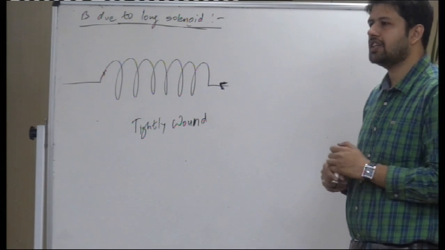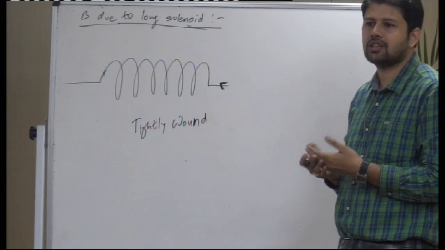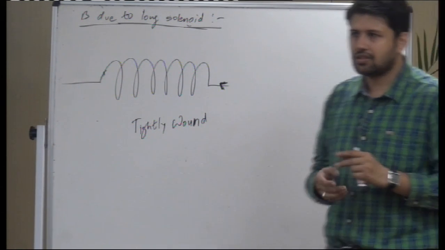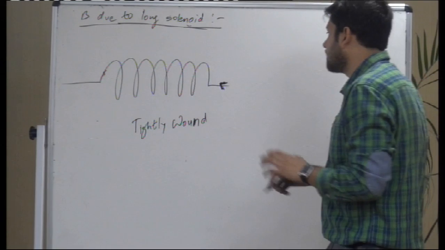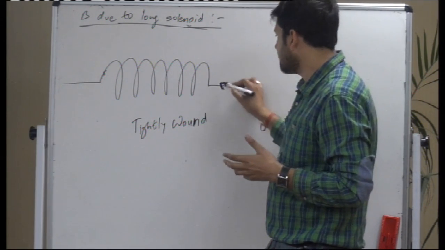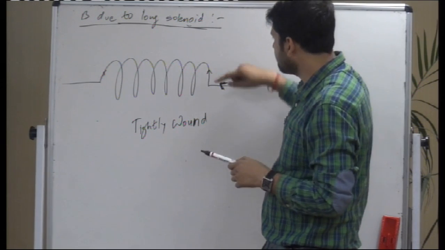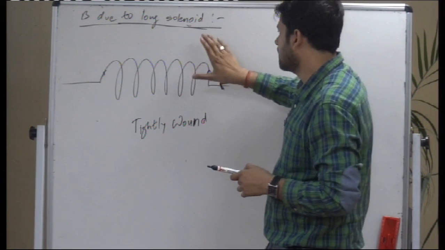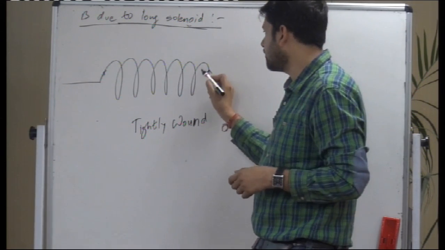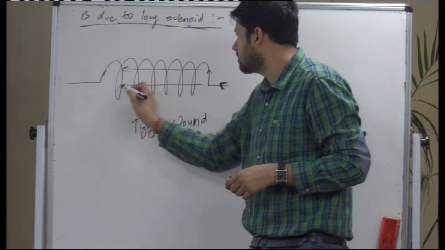So we need to have the loop in such a manner that either the angle is 0 or it is 90 degrees. Now it is tightly wound, and since the current is circulating like this in all parts, the field would be like this.